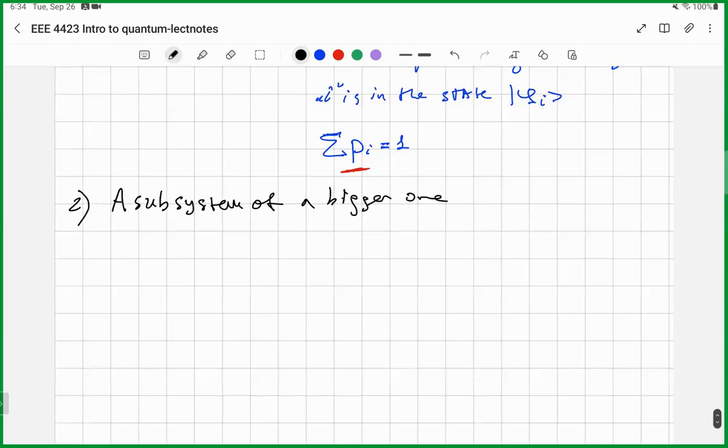Okay, what is this about? Suppose we have a bigger system, like many quantum particles, any sufficiently big system.